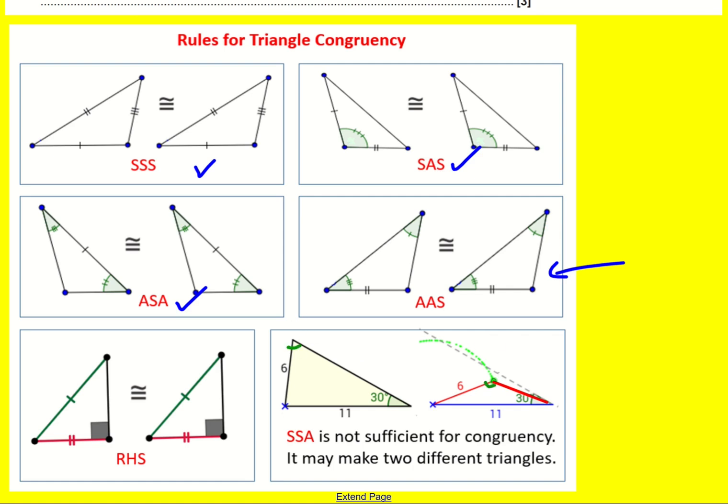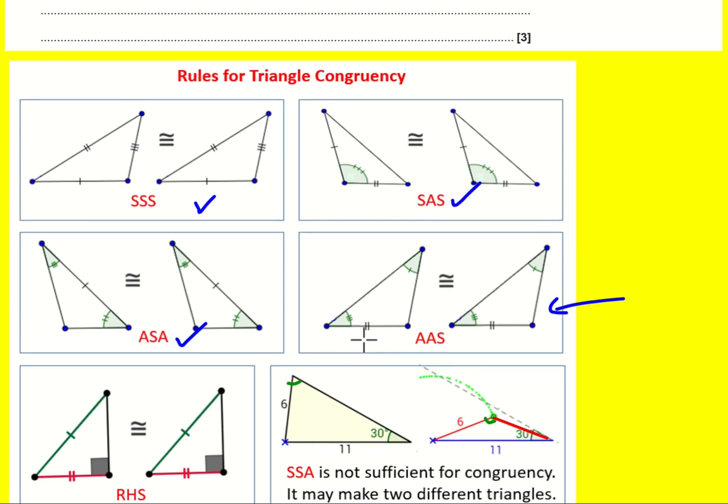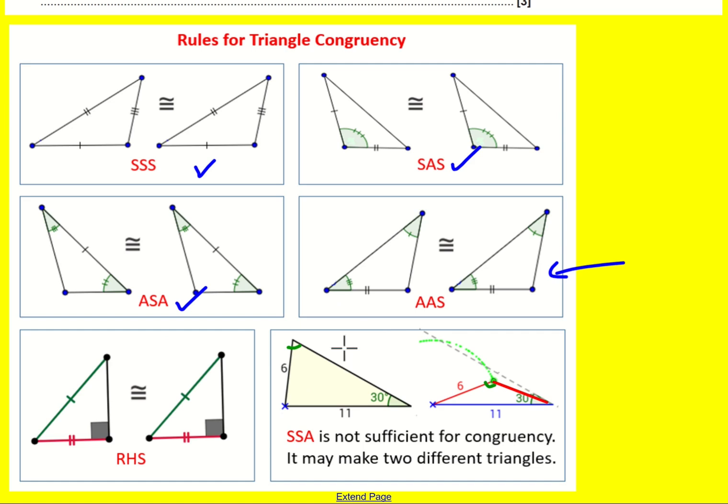And I'm not going to get into any more detail on that now, but it can be shown using the sine rule, in fact, that you can get 2 solutions. But no more detail on that. Just be aware, I think, that side-side angle does not imply congruency. There's a special case of side-side angle, in fact, and that's when the angle is 90 degrees.